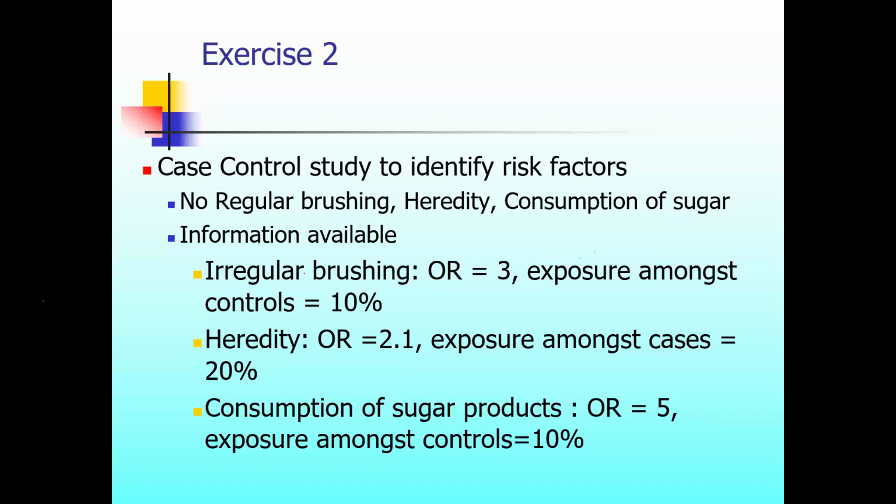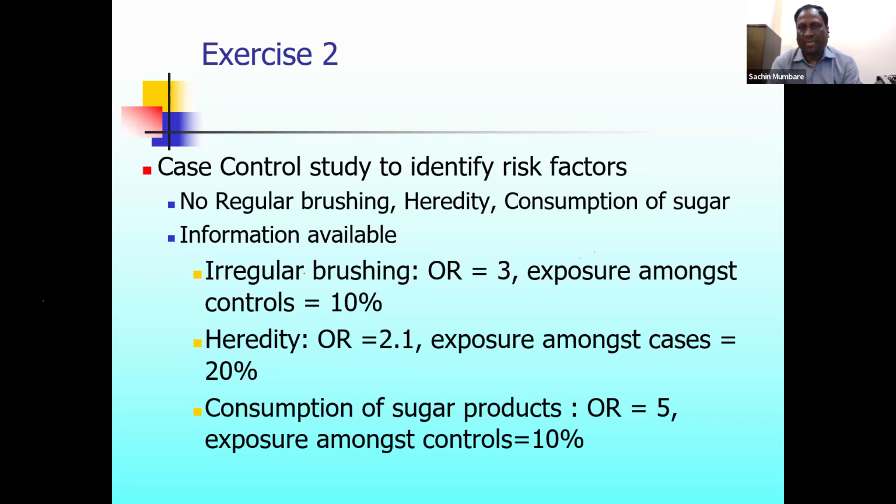Hypothesis test for odds. Please tell me how much is the sample size for each one of these 3 risk factors and how much will you select? Irregular brushing, 262.